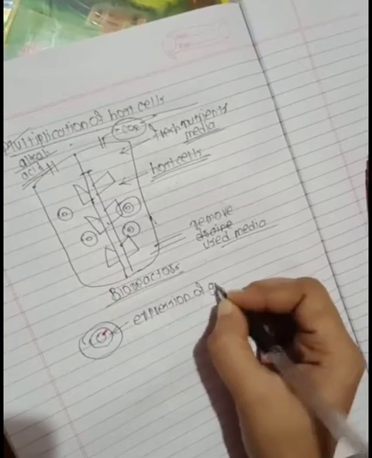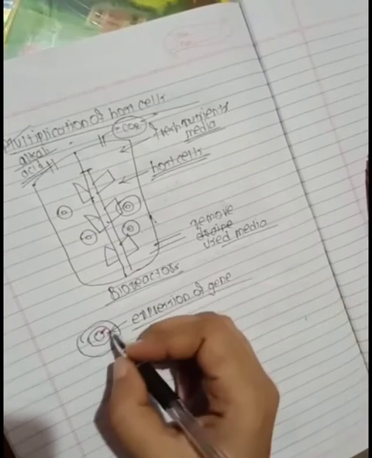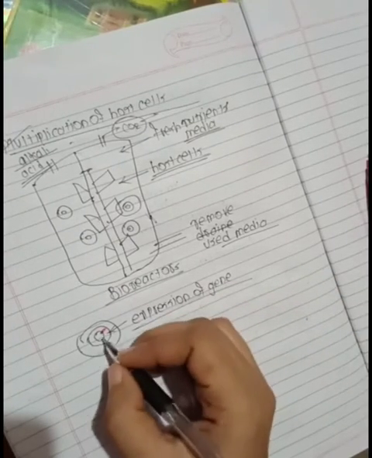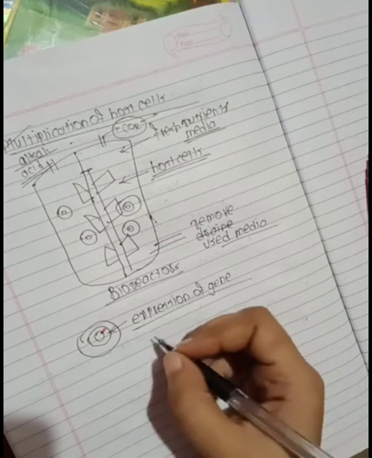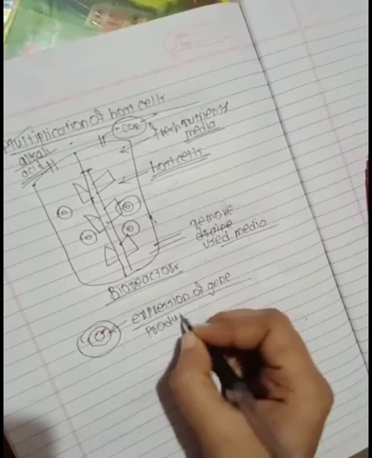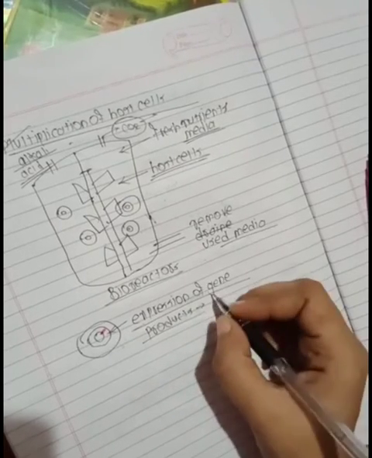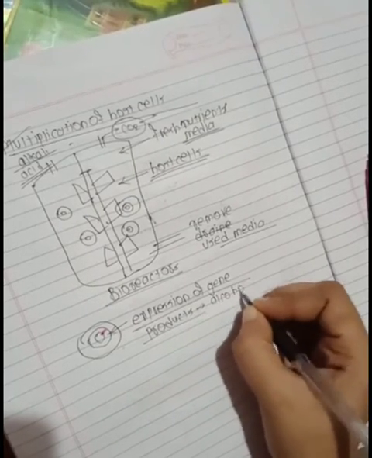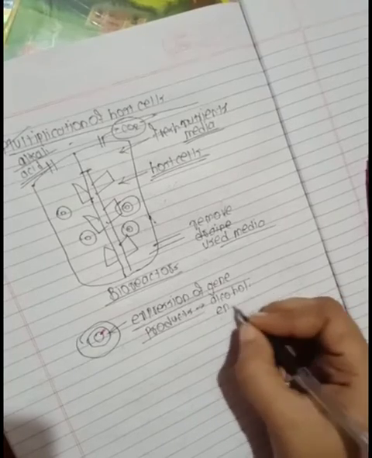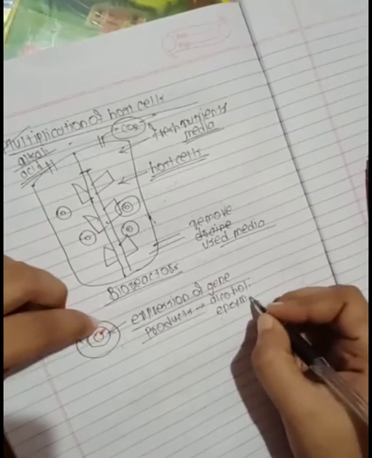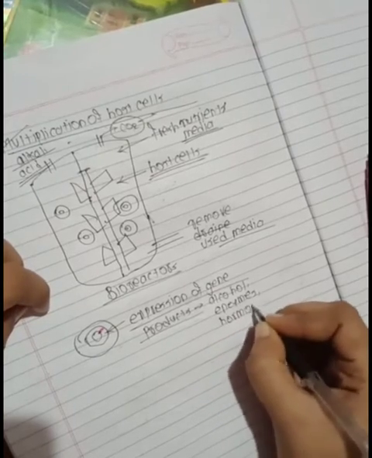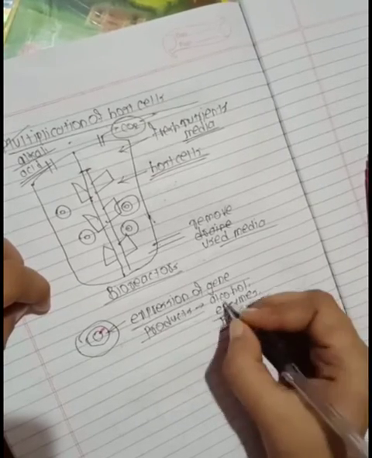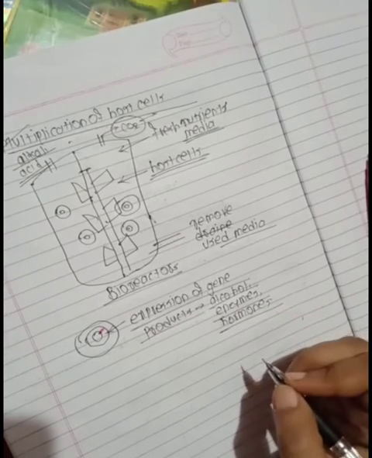The gene will be coded in the bacterial cell, and the products are formed. The products can be alcohol, enzymes, or hormones. We have inserted a specific gene for insulin, so they can be insulin or other hormones.